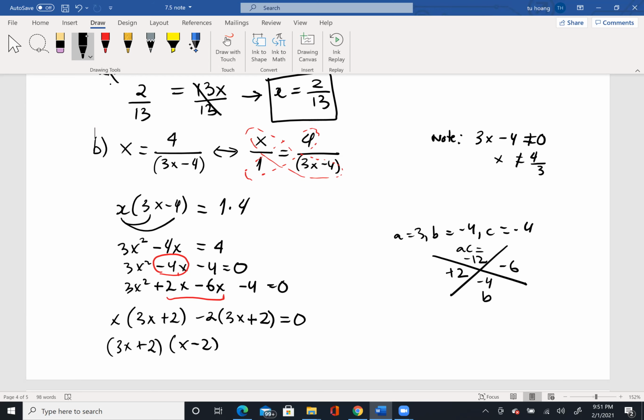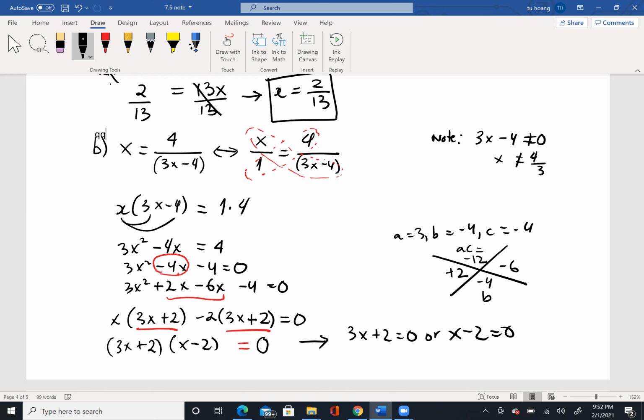See that? Because when you look globally, you will see that you have a common factor as a group, which is 3x plus 2 and 3x plus 2 over here, right? So then when you factor it, you're going to have x minus 2 as the last two terms, equals 0. So apply the zero product property: 3x plus 2 equal to 0, or x minus 2 equals 0.